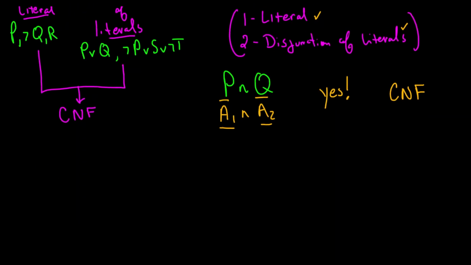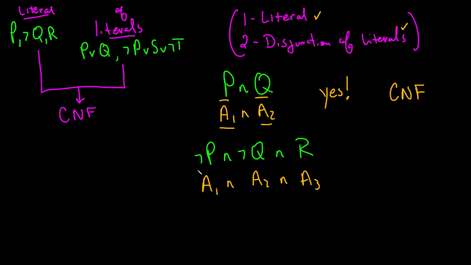Let's look at another example. Let's say we had not P and not Q and R. So our question again is, is this in conjunctive normal form? First thing to note is that our formula has the following structure: a sub 1 and a sub 2 and a sub 3.